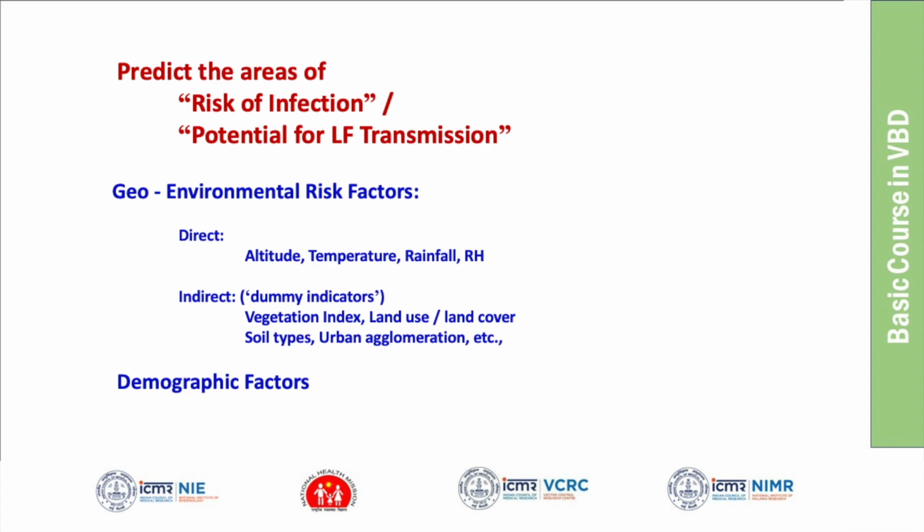And there are some factors that indirectly contribute to the transmission, and they are called dummy indicators: vegetation index, land use, land cover, soil types, urban agglomeration, etc. And the other factor is the demographic factor. Let us look at it in detail.